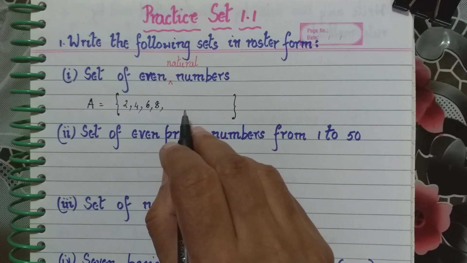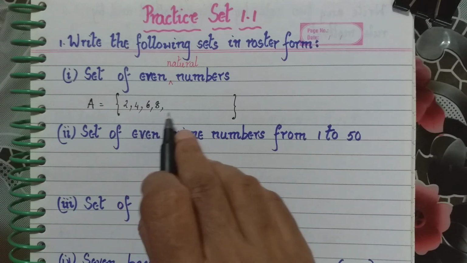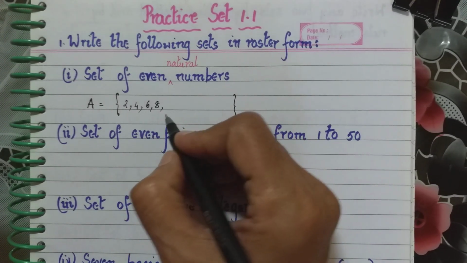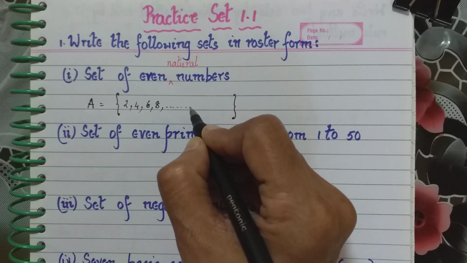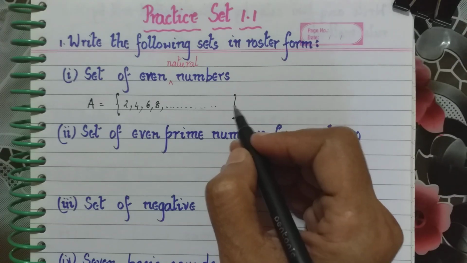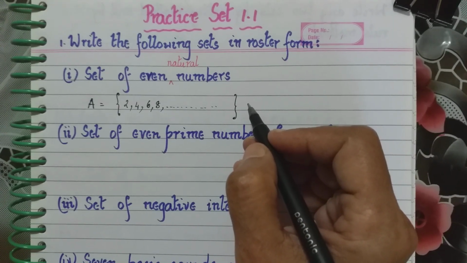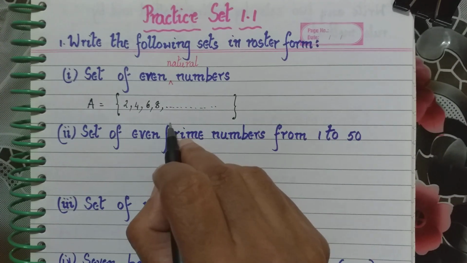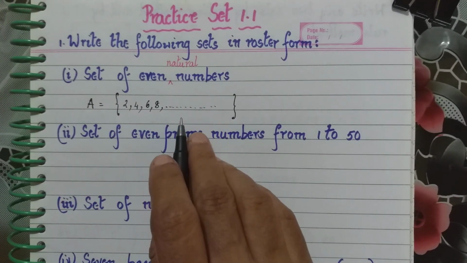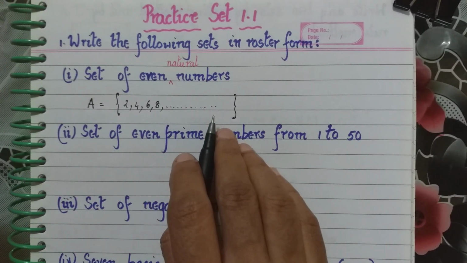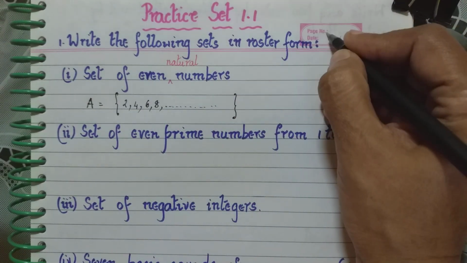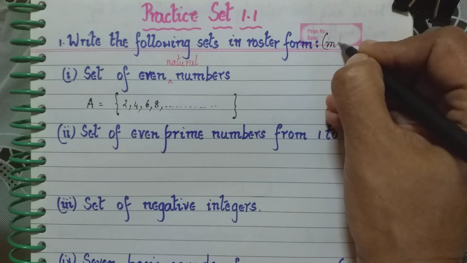So, we must write at least 4, and after the fourth natural number, I will put a comma and then I will put dots, which means that it continues this way. We don't know which will be the last even natural number, so we leave it at this. So, this is how we write the set in the listing method or the roster form or roster method.